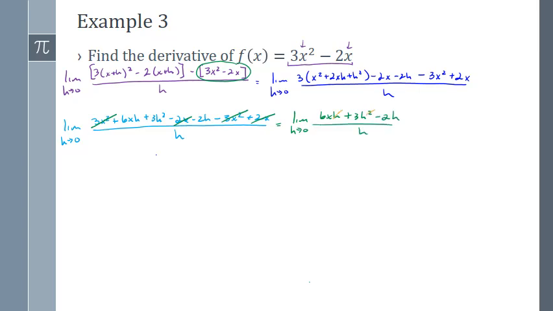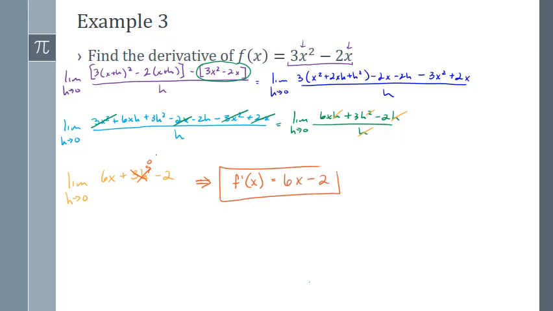Now everything has an h, so I'm left with the limit as h goes to 0 of 6x plus 3h minus 2. Now I can use direct substitution. When h goes to 0, the 3h term goes to 0, so I'm left with my derivative, f prime of x equals 6x minus 2.